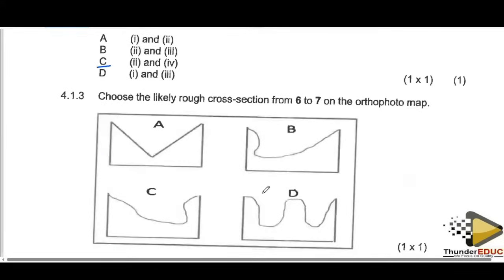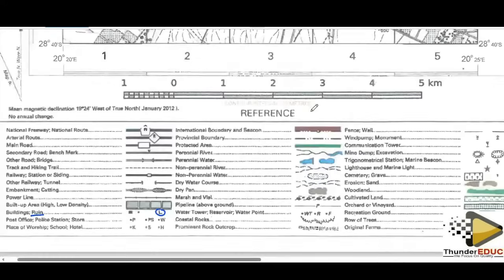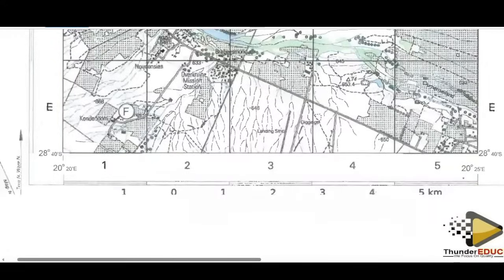In 4.3, choose the likely rough cross section from 6 to 7 on the orthophoto map. Okay, 6 and 7. Let's go back to our map. We see we need to use the orthophoto map.